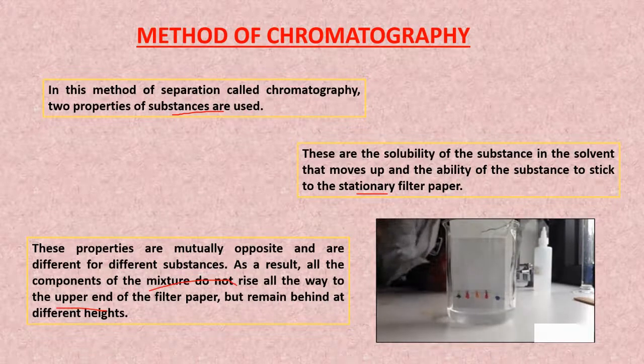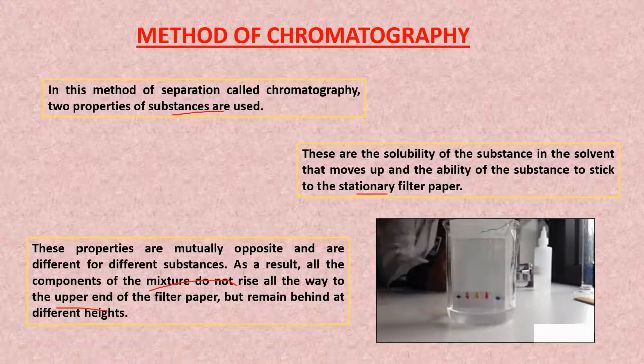Now over here we can see different colors at different heights. In the GIF image we can see different colors rising at different heights. It is because of the amount of solubility of the substance. That is why different substances get different colors and they rise at different heights.